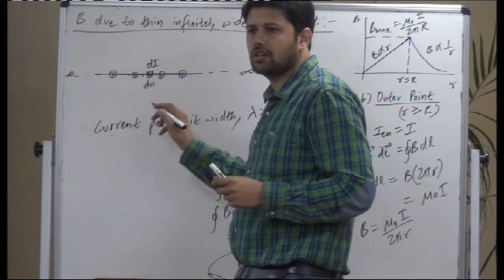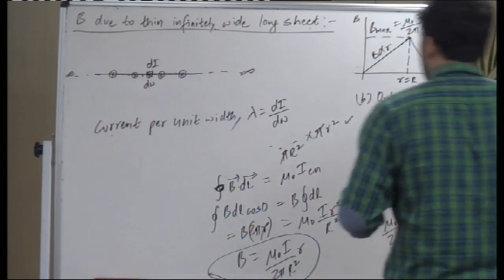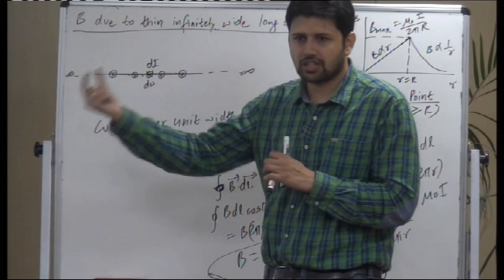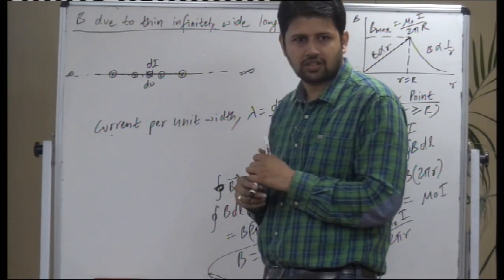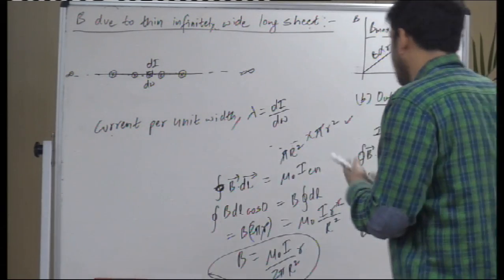If the current flow is uniform, dI by dW is the same for all possible portions, if the sheet is uniform.